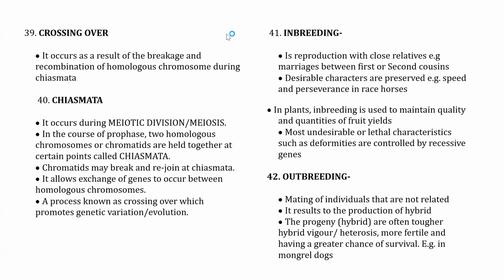For 41, inbreeding. The word in, you are breeding within a family. It is reproduction with close relatives, e.g. marriages between first or second cousins. Desirable characters are preserved, e.g. speed and perseverance in race horses.